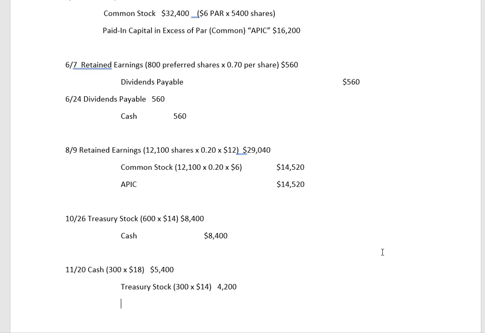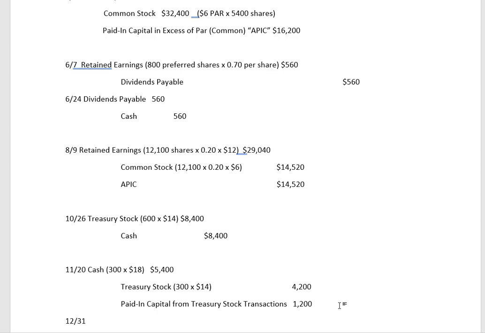Instead, what we call this is paid in capital from treasury stock transactions. So that's going to be the difference, which is 1,200. So we debited cash, we credited treasury stock, and paid in capital from treasury stock transactions.